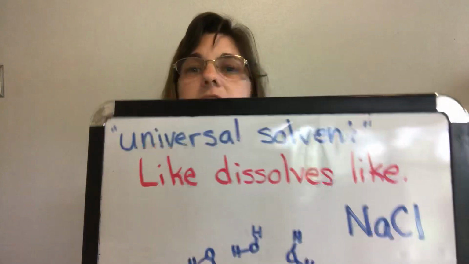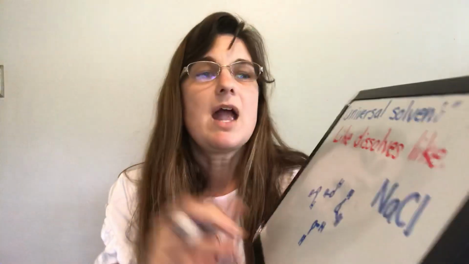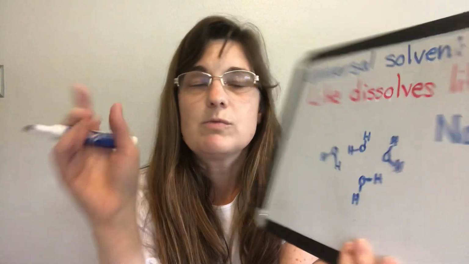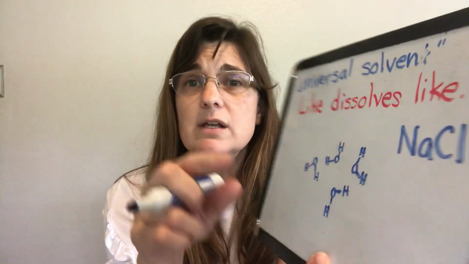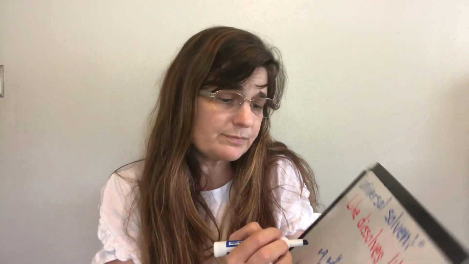A good example of something ionic that would dissolve well in water would be good old table salt. Table salt is sodium chloride, NaCl, and as soon as you sprinkle salt into water, the salt is going to split apart. So you'll have positive sodium ions and negative chloride ions.